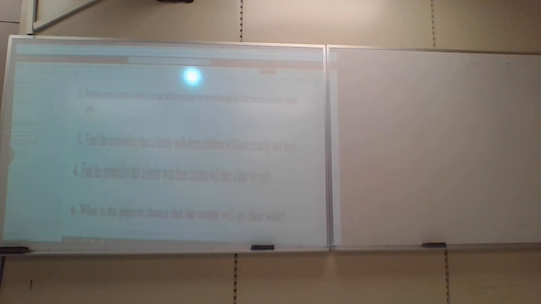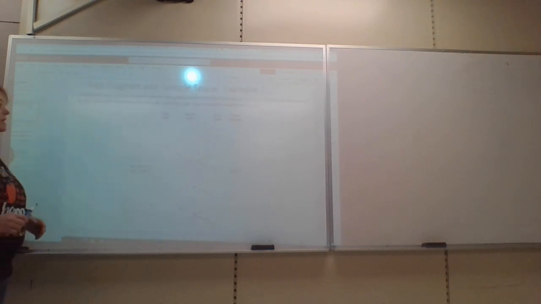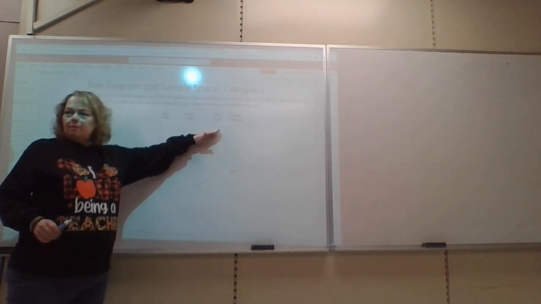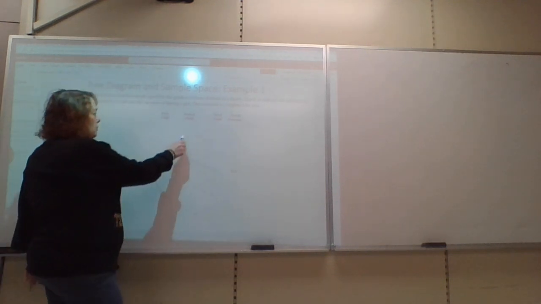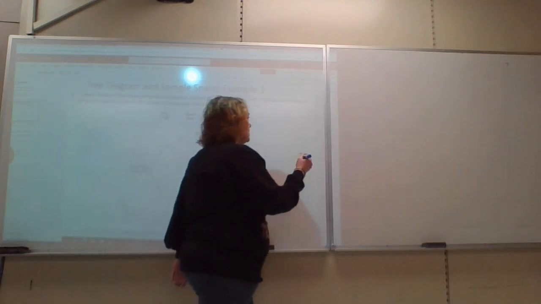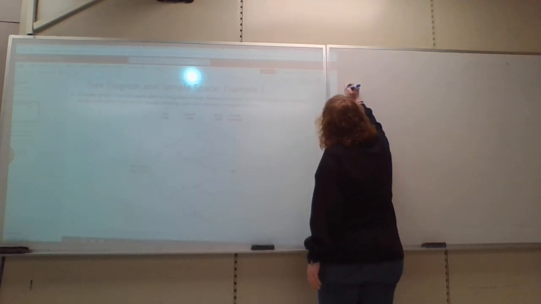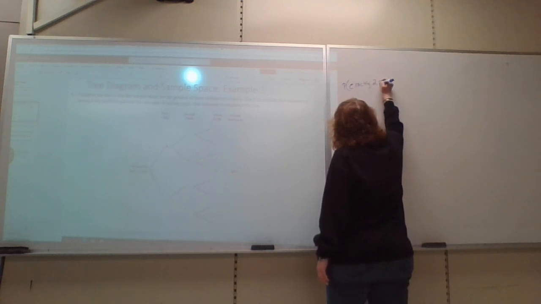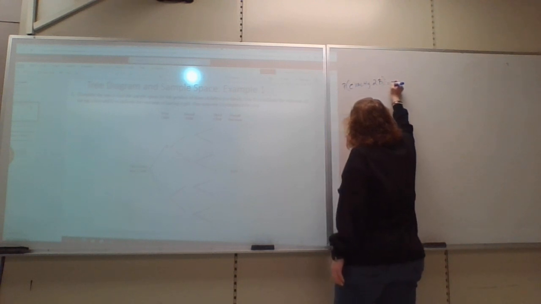The family will have 3 children and exactly 2 boys. Exactly 2 boys. This would have been 3 boys. So what's the probability? Exactly 2 boys, 2 B's, right?